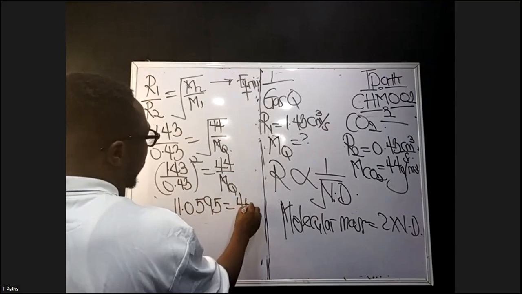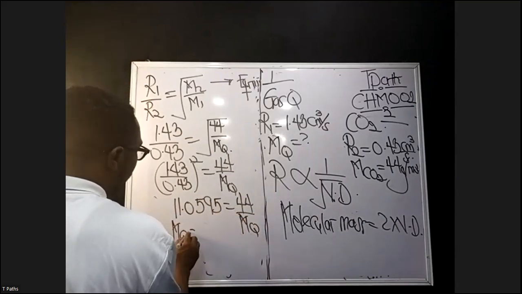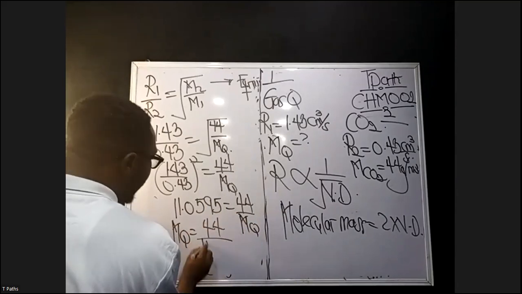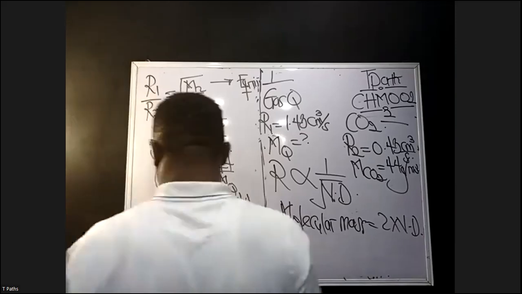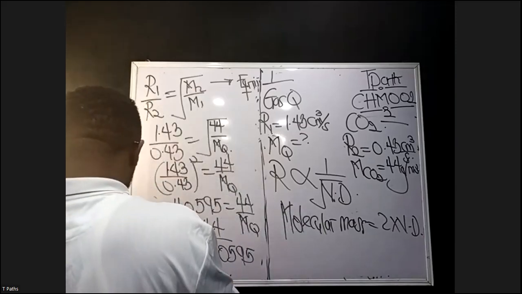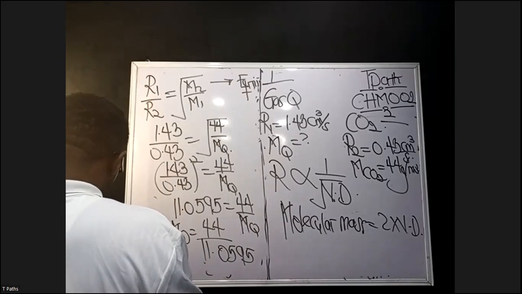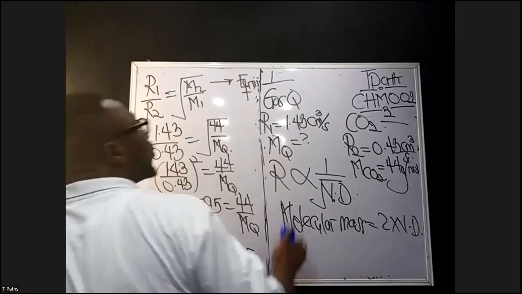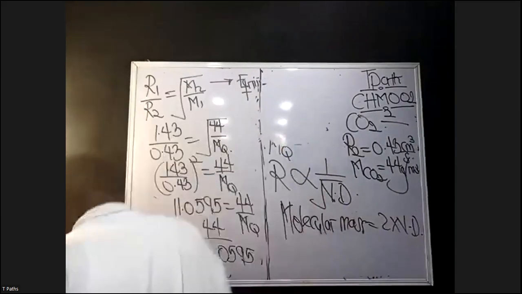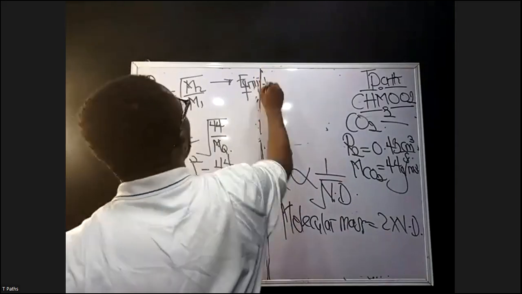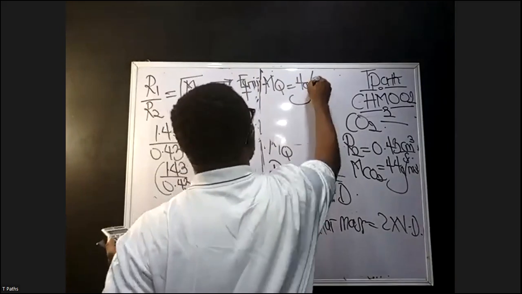So Mq equals 44 divided by 11.0595, which is approximately 4. We can say that the molar mass of Q is 4 grams per mole.